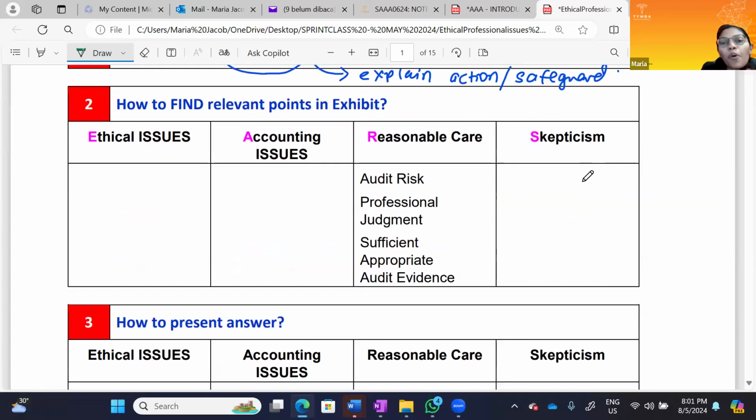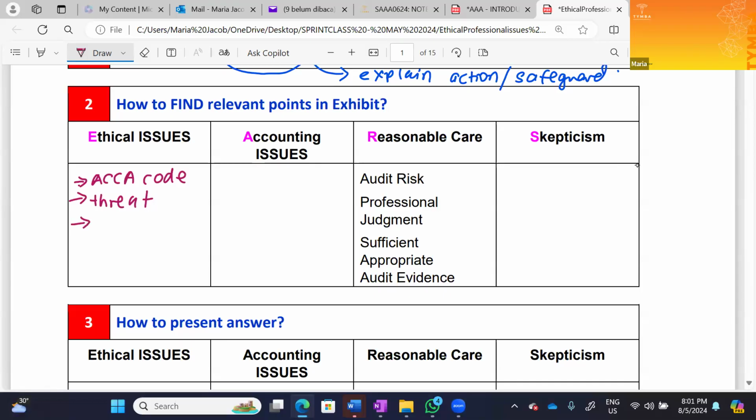Okay, how to find points in the exhibit. Now, if it's an ethical issue, you are going to identify items from your ACCA code. ACCA code means it's going to give rise to a particular threat.